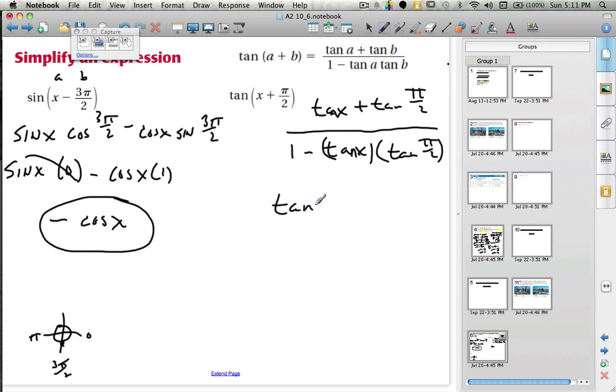So I'll have tangent of x plus tangent of pi over 2. So pi over 2 is up here.